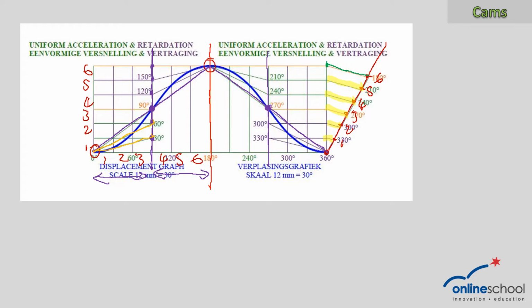Then we do the same from the maximum displacement, also projecting those lines. This will give us the intervals that we need of our vertical, which is our y displacement, and our horizontal, which is our x displacement or movement.